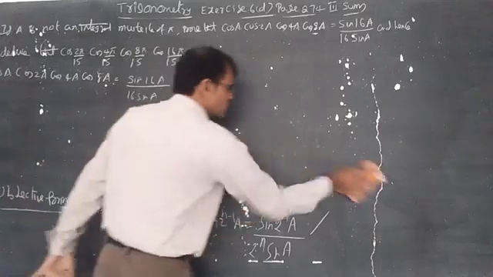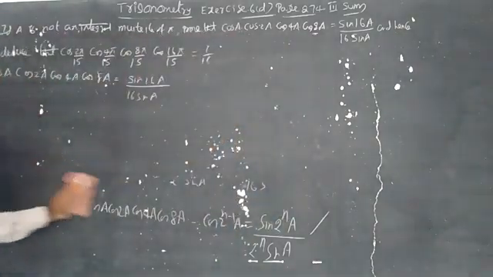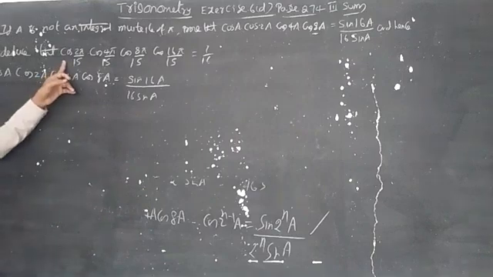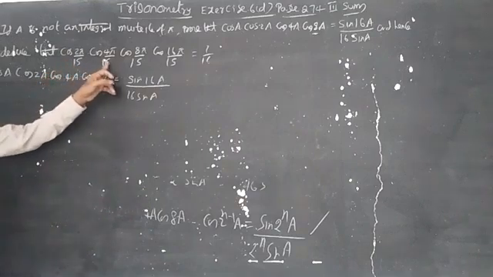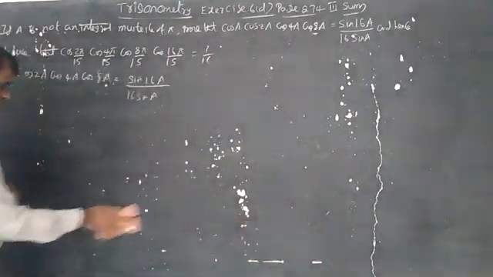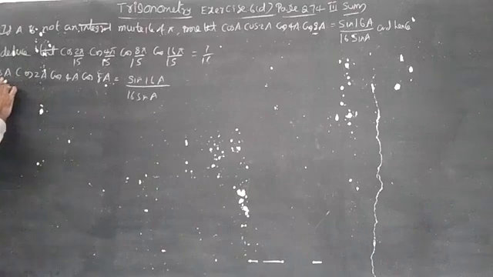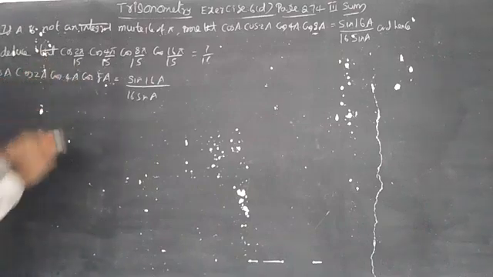Among these values, we can substitute the value 2 pi by 15, because he is asking cos 2 pi by 15, 4 pi by 15, 8 pi by 15, 16 pi by 15. Whenever you are substituting the value A, 2 pi by 15, instead of A it becomes 2 pi by 15, 4 pi by 15, 8 pi by 15, 16 pi by 15.